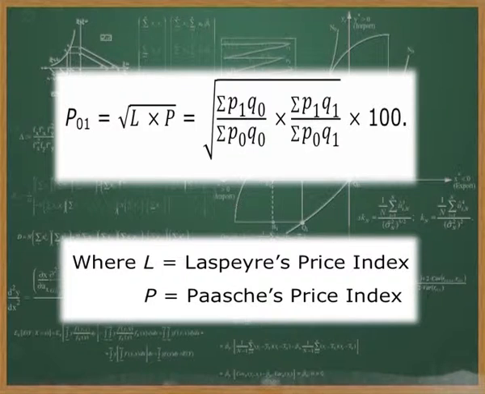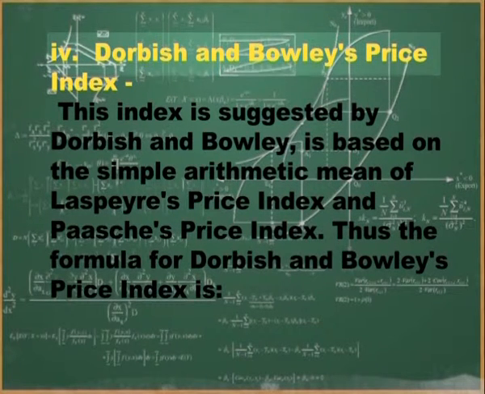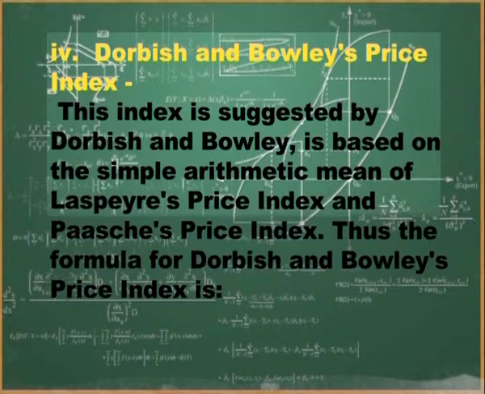Let's see the fourth one, that is Dorbish and Bowley's price index. This index, suggested by Dorbish and Bowley, is based on the simple arithmetic mean of Laspeyre's price index and Paasche's price index.